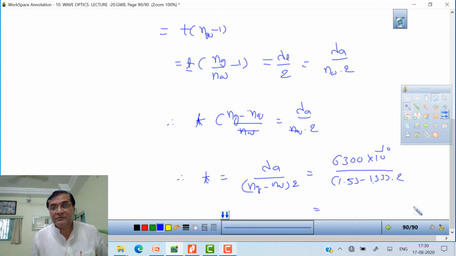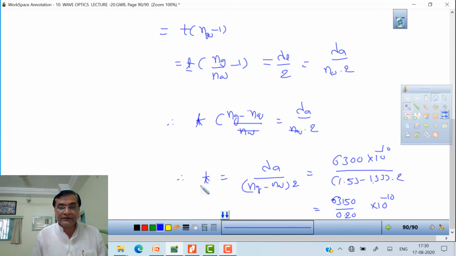So we can simplify this; it comes out 10 raised to minus 10, 6300 divided by 2, so it is 3150 divided by 0.20. If we simplify this, we get 31750 into 10 raised to minus 10. So this is in meter.